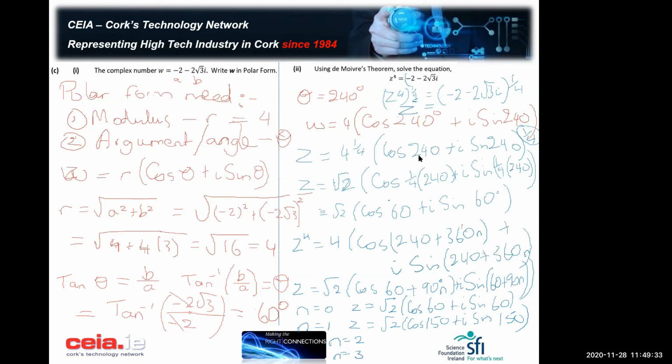So that accounts for the number of rotations that we'd have around the Argand diagram. So I'll go on to a page here, and to answer the person's question, I had z to the power of 4 is equal to root 2 times the cos of 240 plus 360n plus i sine 240 plus 360n.